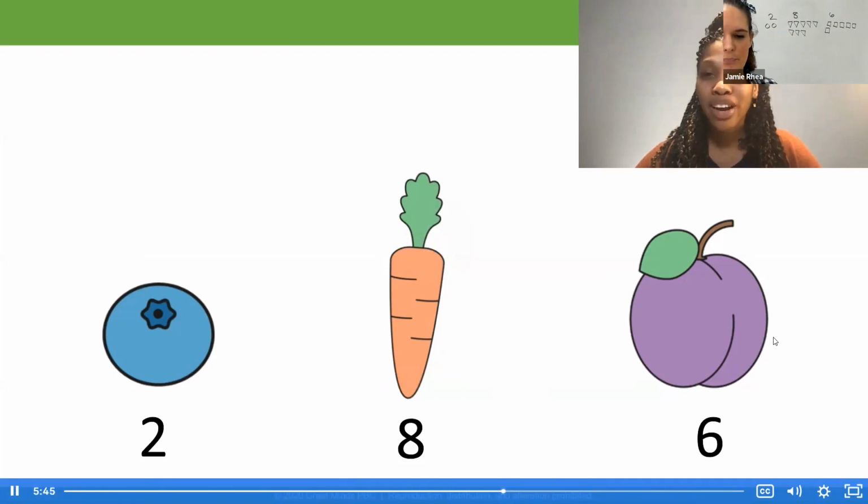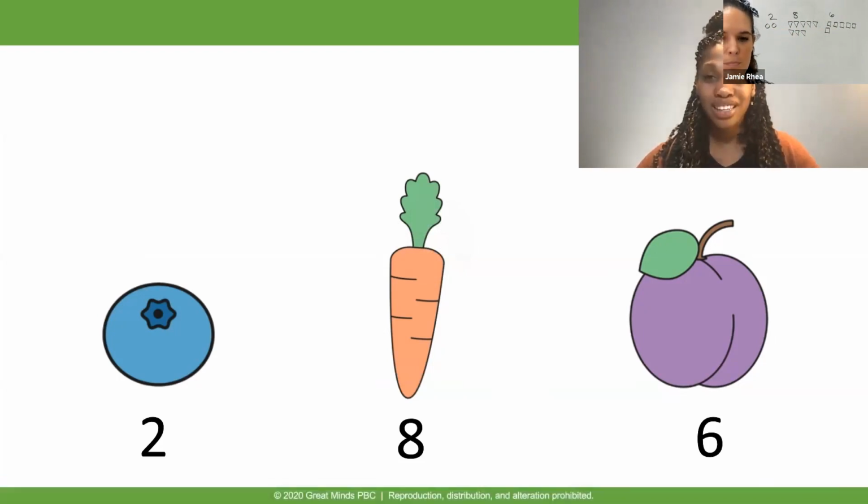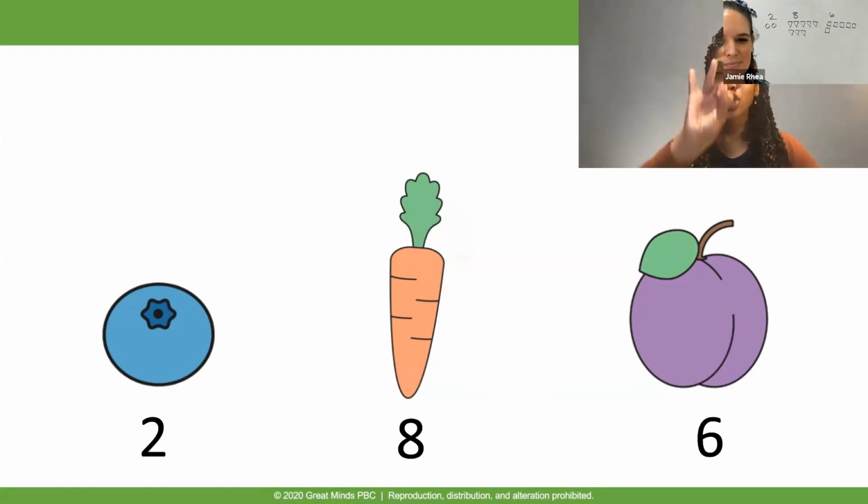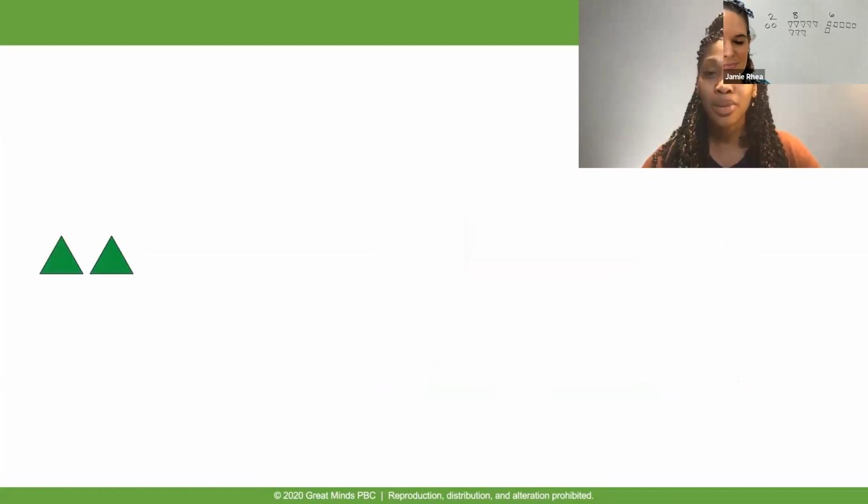How many blueberries did Jason have on his tray? We know that. Show me with your fingers. 2 blueberries. Yes, Jason had 2 blueberries. I'm going to use my triangle blocks to show or represent the 2 blueberries that he had. Now I want you to use your pattern blocks to show how many carrots he had and how many plums he had.